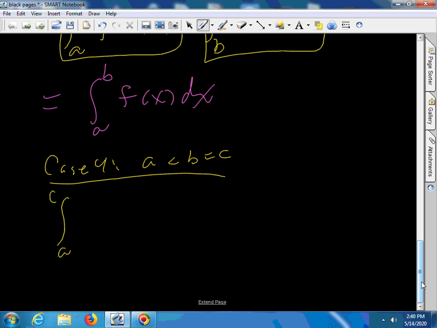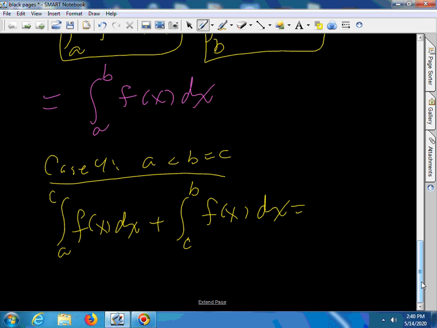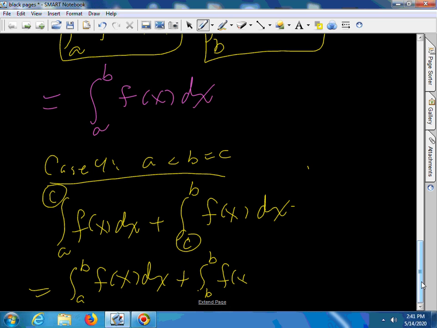So, the integral from A to C of f of x dx plus the integral from C to B of f of x dx is equal to the integral from A to B of f of x dx plus the integral from B to B of f of x dx.